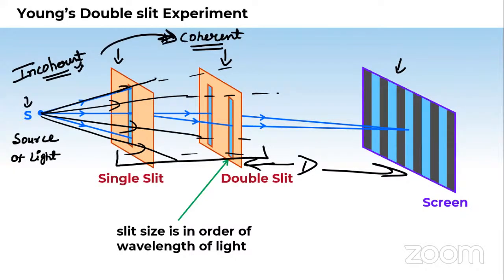First the light rays are passed through a single slit, then they pass through a double slit. Then you see on the screen a central maximum, then a dark band, brighter, brighter, dark band, brighter, brighter. So this is all about the experiment here.